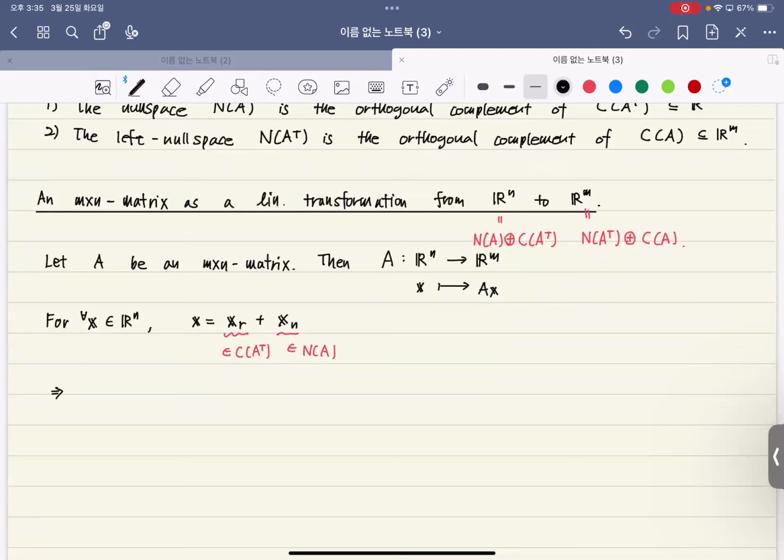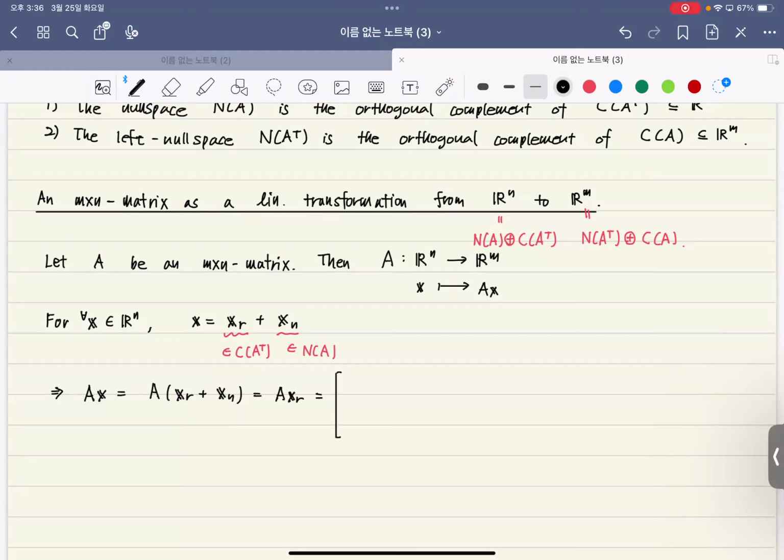Then Ax is, now I want to find the image of this vector under this linear transformation. x can be replaced by xr plus xn. But since xn is a member of the null space, this is the same as A xr.